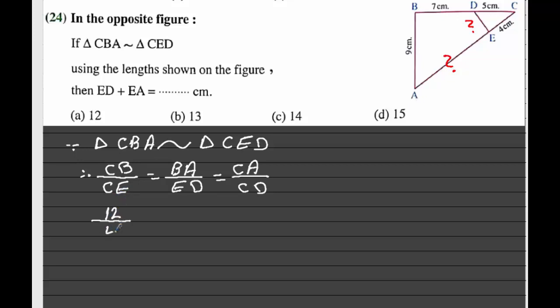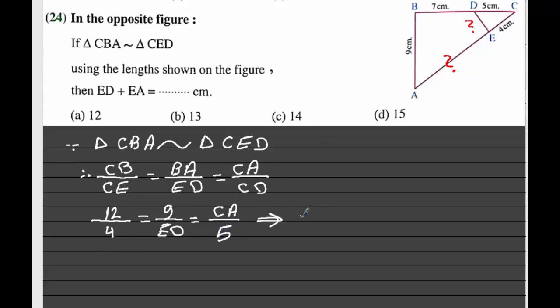It is 4 centimeters. Equals BA. What is the length of BA? It is 9 from the figure. Over the length of ED, it is unknown, equals CA. CA also is unknown, over CD from the figure equals 5 centimeters.